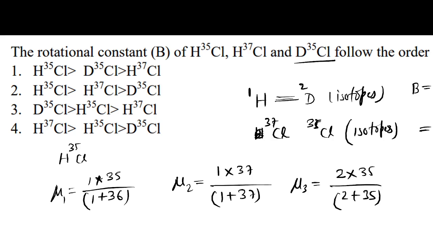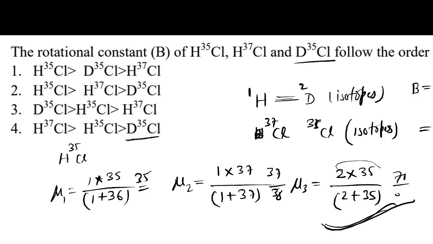So this is like 35 divided by some number, this is 37 divided by some number, 38, and this is of course 70 divided by some number. So mu3 will be highest. So this will have the lowest rotational constant. Got it right?